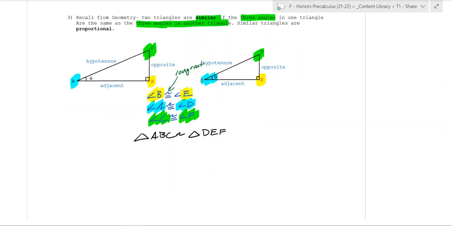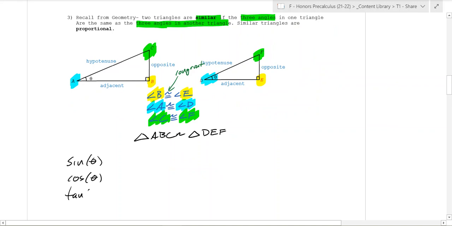So now what you get to remember and we get to work with are the basic trig functions, the first three. So there's sine of theta, there's cosine of theta, and there's tangent of theta. And these are just ratios of side lengths. The sine is the opposite side over the hypotenuse. The cosine of an angle is just the adjacent side over the hypotenuse.